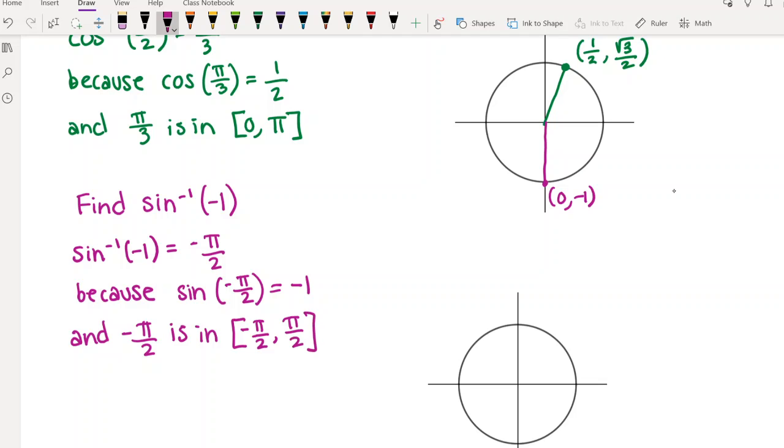So just to, again, give an example that wouldn't work. If you were to instead think of this angle, we just measured it this way, and we said this is negative pi/2, and that's the right way to think about this angle when you're doing inverse sine. If you instead measured this way and said, oh, well, it's also 3 pi/2. Well, it is true that sine of 3 pi/2 is equal to -1. That is totally true.